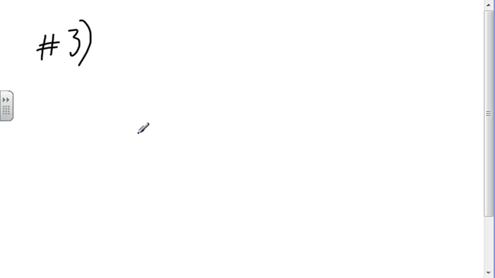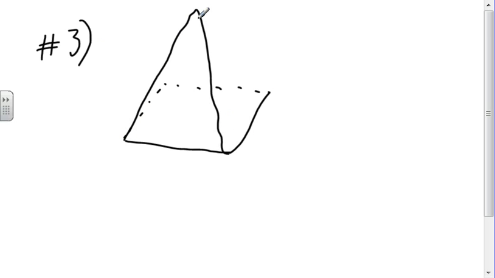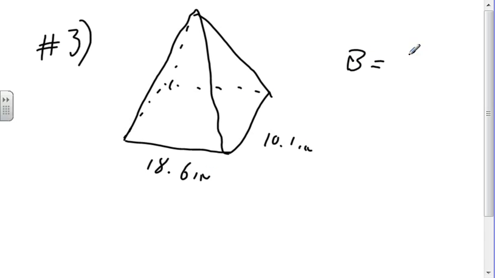All right, so number 3, I've got a pyramid. I've got a base that's going to be 18.6 times 10.1, whatever that number is.